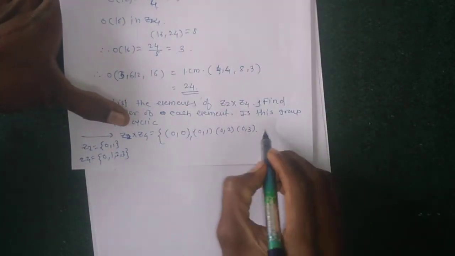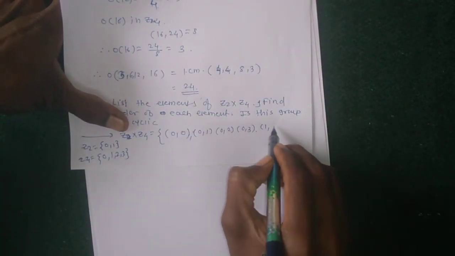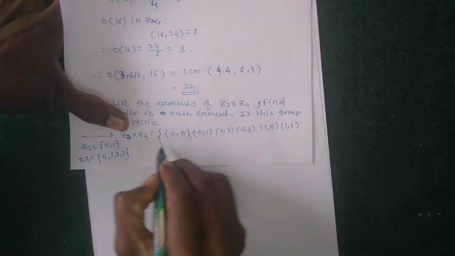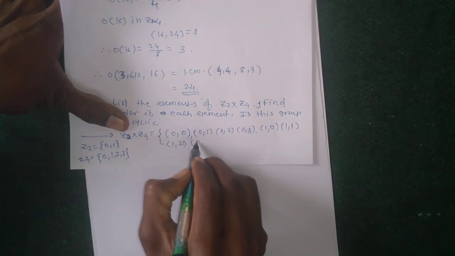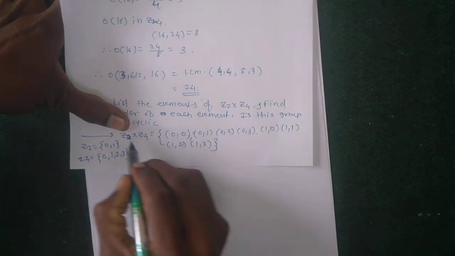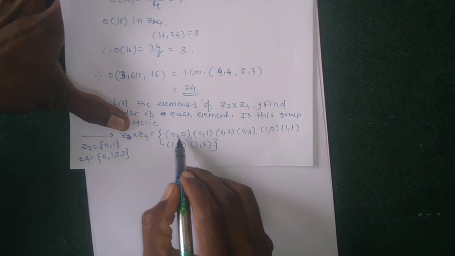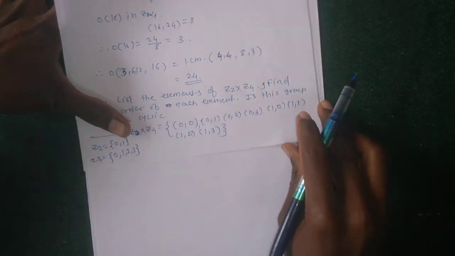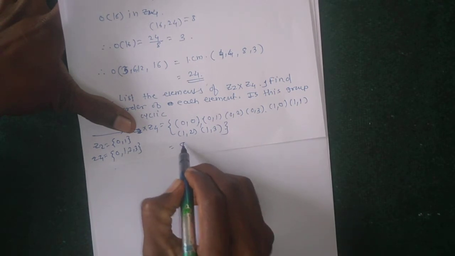Then next element is 1: (1,0), (1,1), (1,2) and (1,3). The order of Z2 cross Z4 is 8, since 2 times 4 is 8, so it has 8 elements.